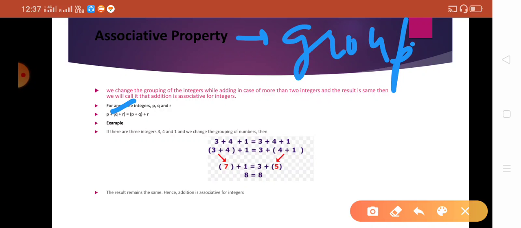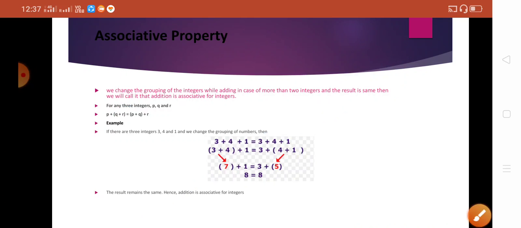So p plus q plus r, you have firstly added q plus r, and then the given answer is added to p, or either first you will add p plus q, then you will add r. Here is an example. The result remains the same as the addition is associative for integers. Association means it's your choice.